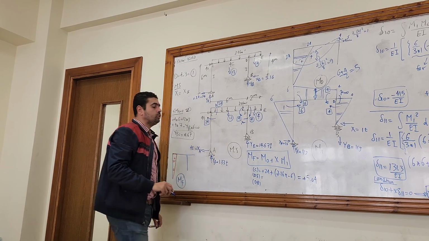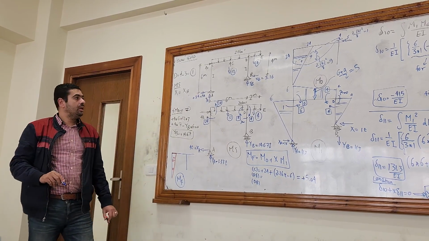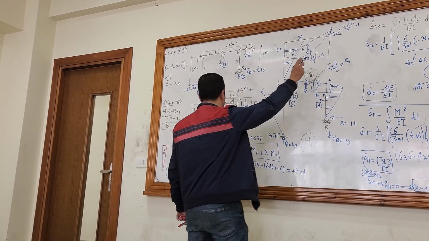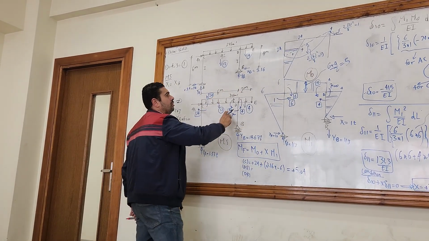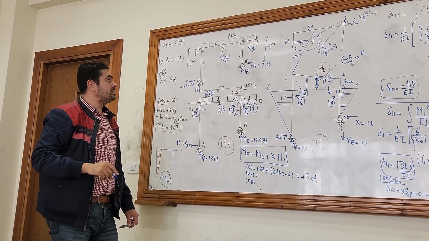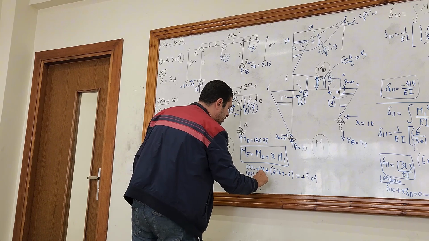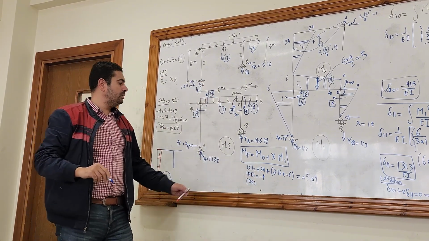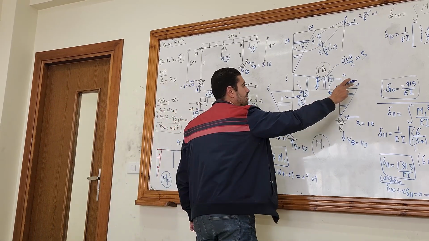What about DE? What was the value of M node at DE? The value of M node, where is M node? It's here, or this M node, right? For DE, it is negative 4, right? What was the value of M1 at DE? 0.